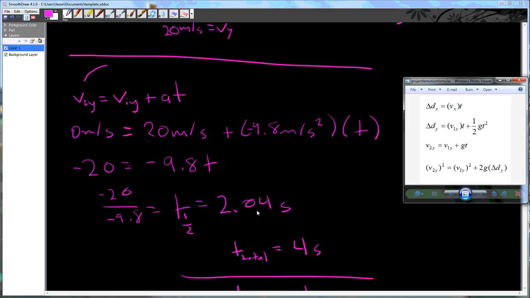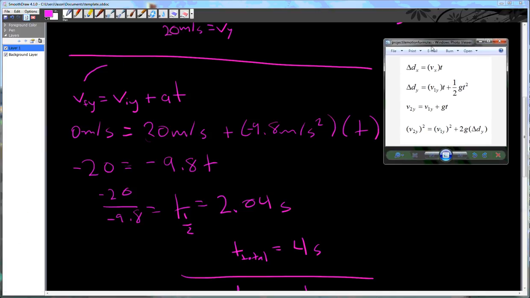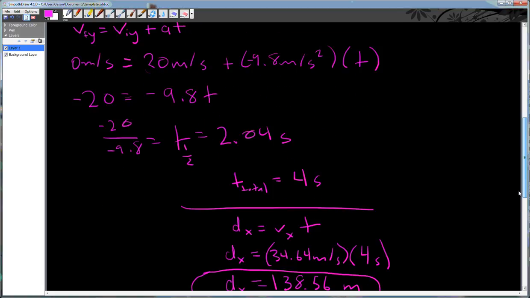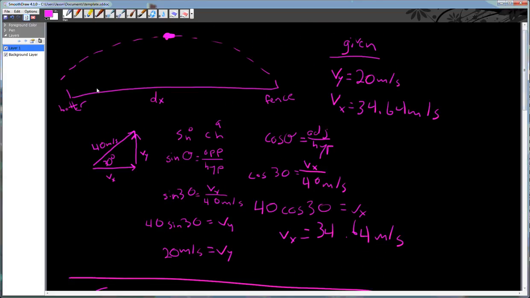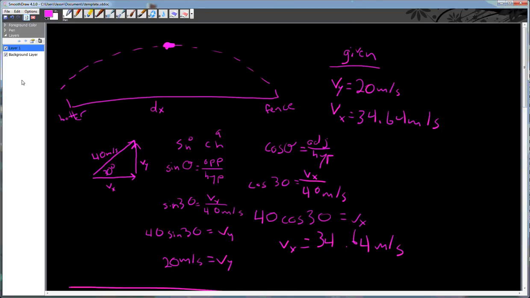We found out it took 2.04 seconds for the first half of the trajectory to slow to 0. We doubled that because projectile trajectories are symmetrical to get our full time of 4 seconds, and then we used our x velocity times that full time, and we got the distance traveled in the x direction, which is how far away the fence is from the batter, which again came out to 138.56 meters.